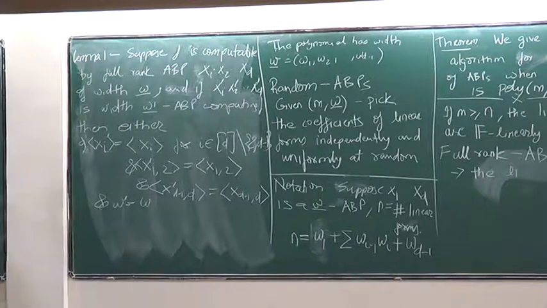So this is an F linear space, right? You look at the linear space generated by the linear forms, the span of the entries.